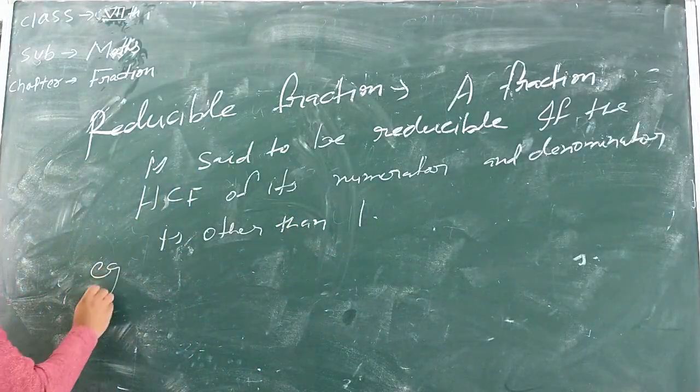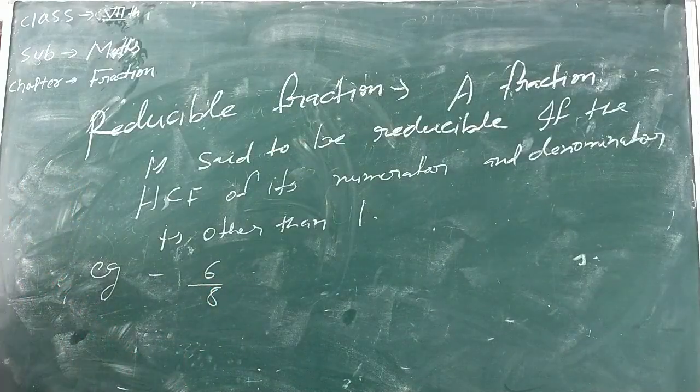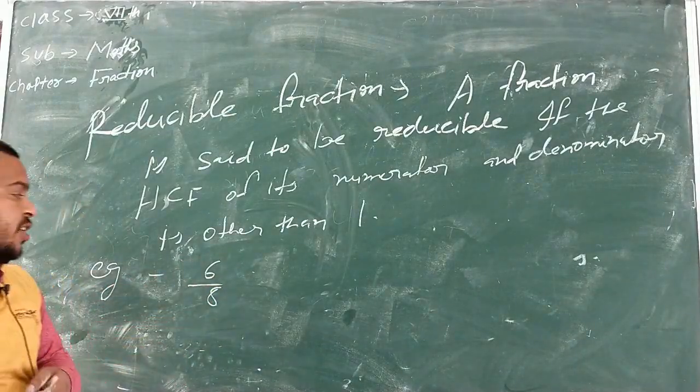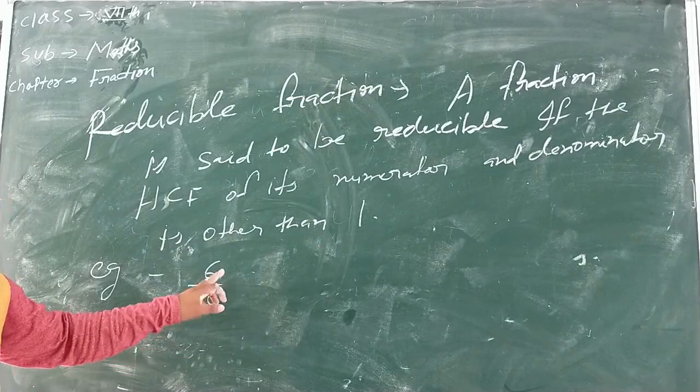For example, 6 by 8 is a reducible fraction because its HCF is other than 1.